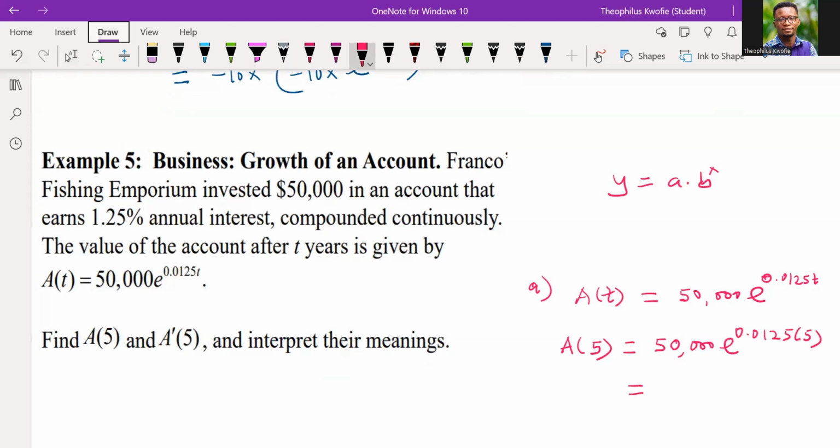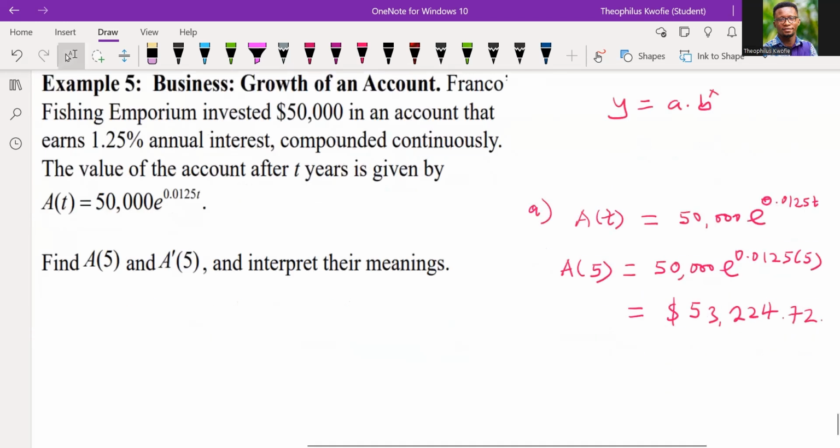When you use a calculator, it should be approximately 53,224.72. So what this problem is saying is, if I invest 50,000 in an account that earns 1.25% annual interest compounded continuously, then this is how much the account will be worth after 5 years.